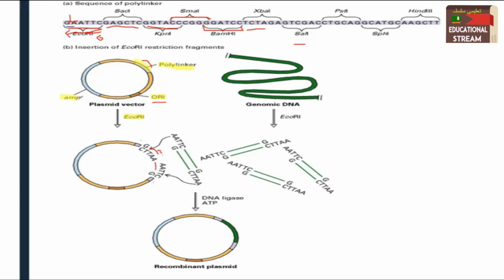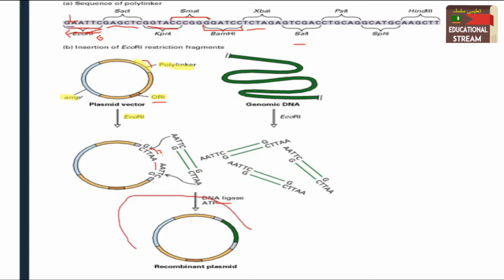They will produce such cuts in the DNA, and now these sticky ends can come and bind with this TTAA, and then we use the DNA ligase enzyme, which will ligate this A with the G and this G with the A. So in this way we get the recombinant plasmid.